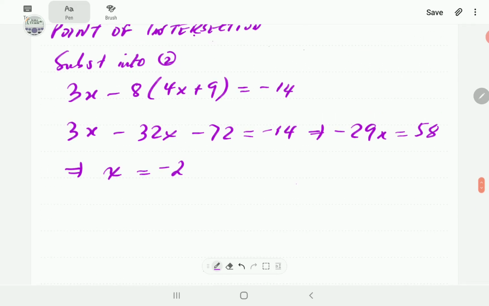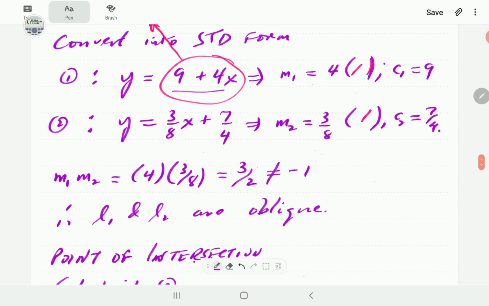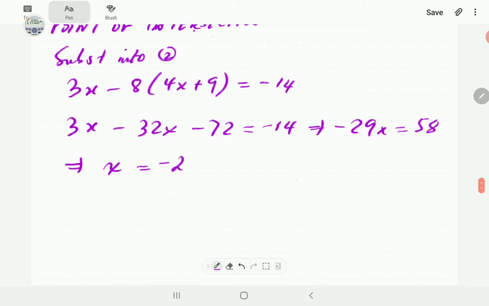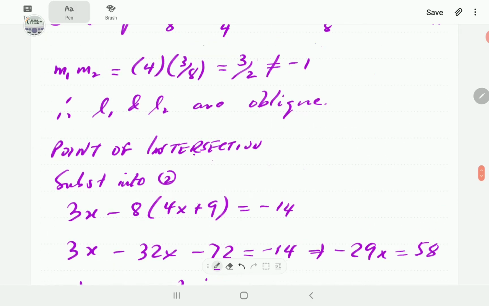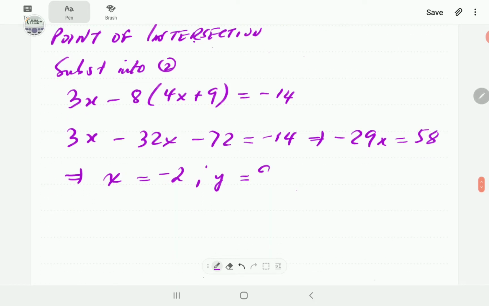Then if we take that negative 2 and plug it into this equation here, so y is going to be 9 plus 4x, so 9 plus 4 times negative 2 is going to be 9 minus 8.